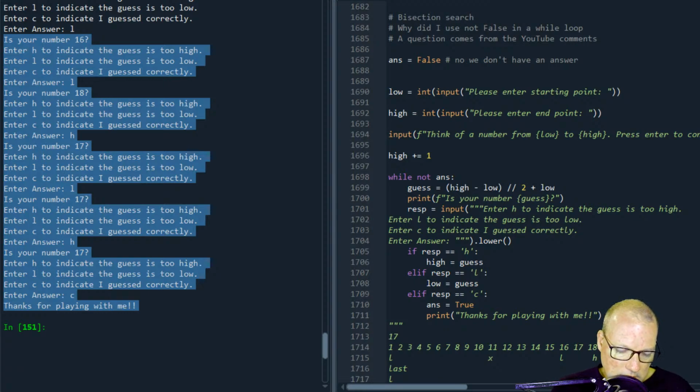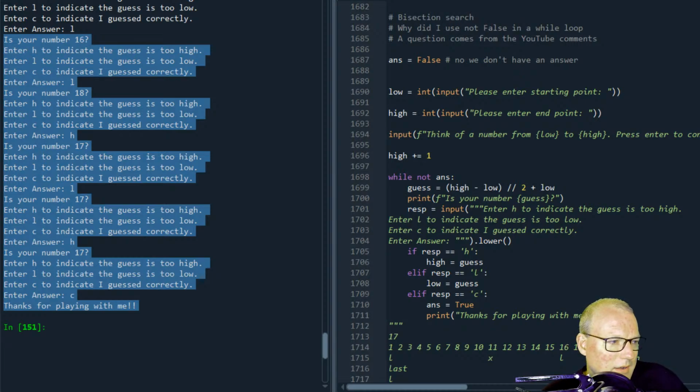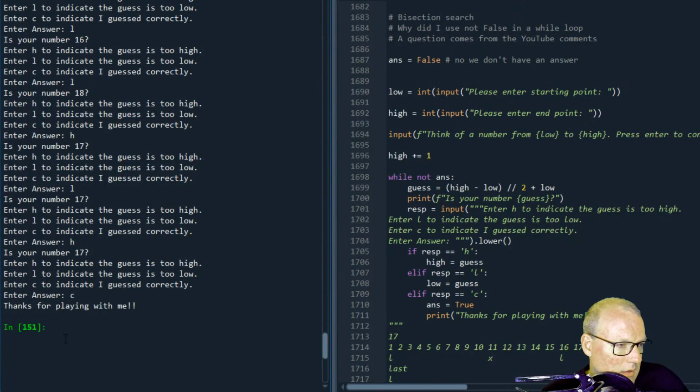So today what we're going to be doing is looking at how to prepare or code against bad input from the user.